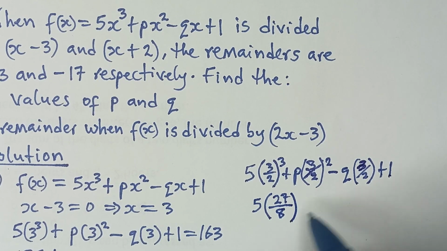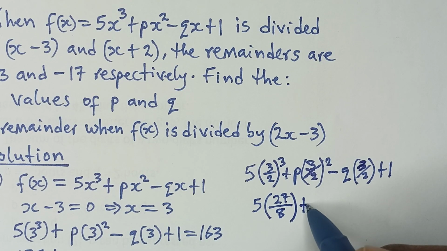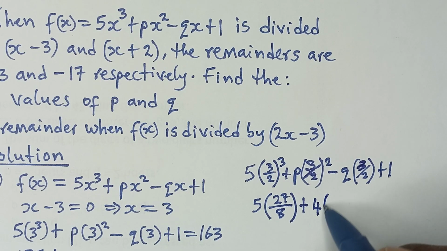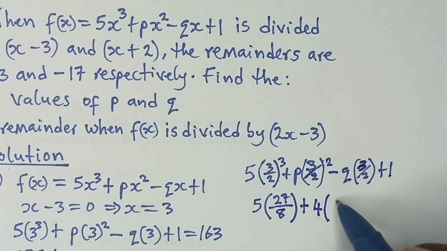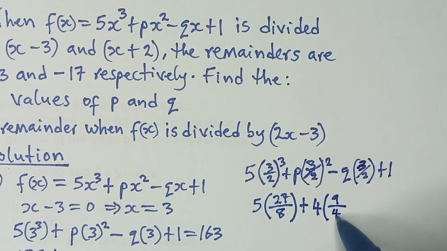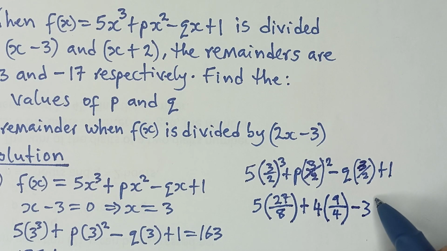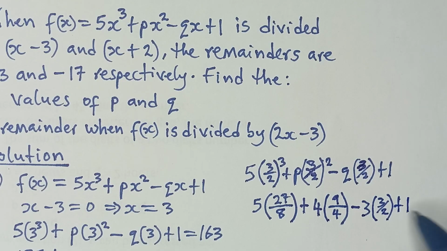And then plus, don't forget p that we obtained is 4 from the first part of the question. P is 4. And then 3 squared is 9, over 2 squared is 4. And then minus q, we obtained q as 3, and then multiplied by 3 over 2, and then plus 1.